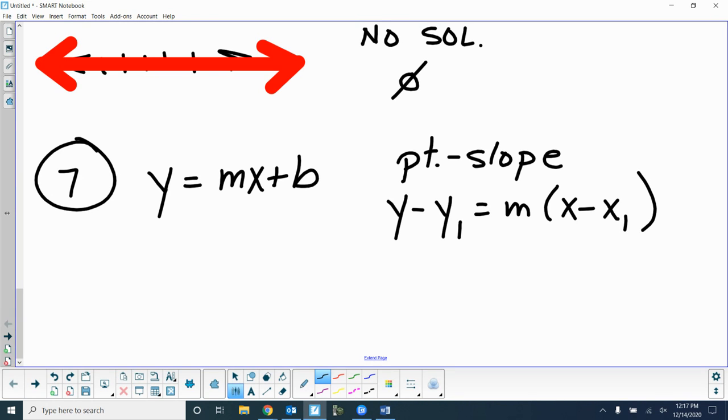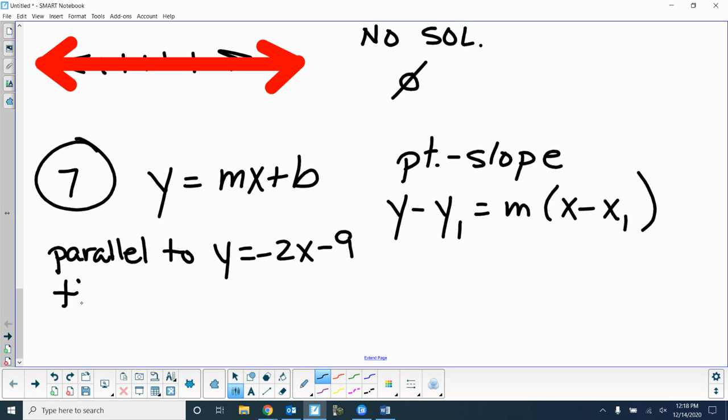And then it said parallel to a certain line. And then it said through a point. And your point got kind of split up, but it was -2, -4 was the point. Okay?